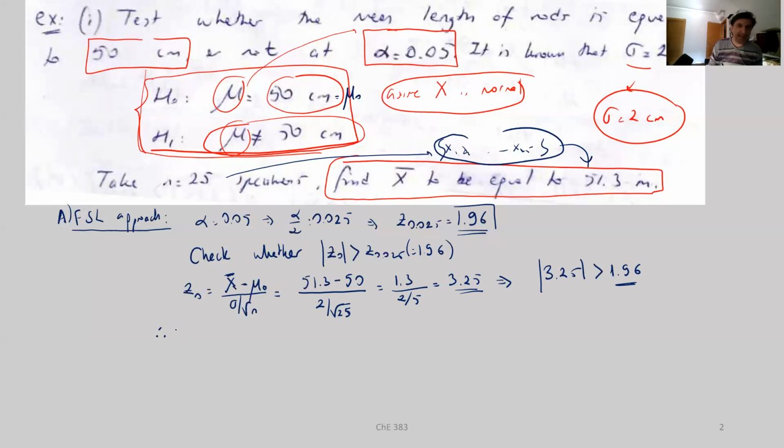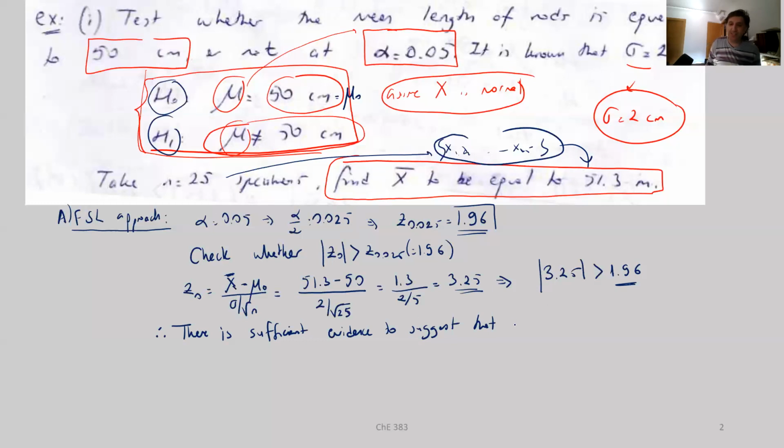Therefore, we say that, and this formal conclusion is also important, there is sufficient evidence to suggest that, please note that in actual questions, do not say we reject H0, we accept H1, things like that. Do not deal with H0.